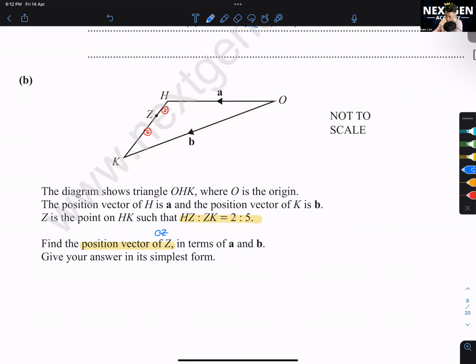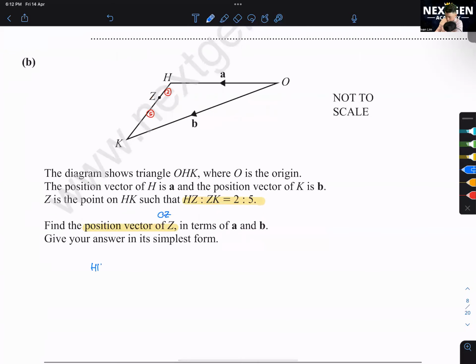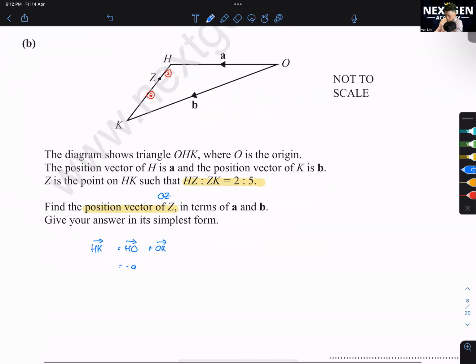So the first thing that we're going to do is find what exactly is HK first. So HK is equal to HO plus OK, which is negative a plus b. HZ is 2 over 7 of HK, which is 2 over 7 of negative a plus b.